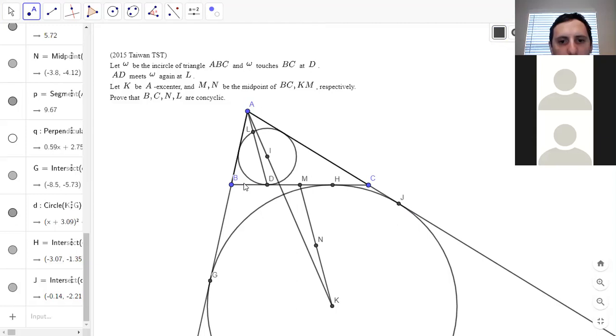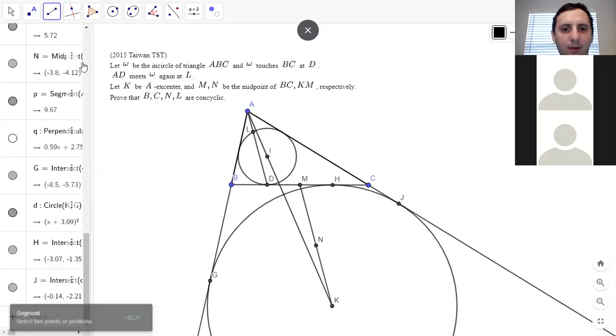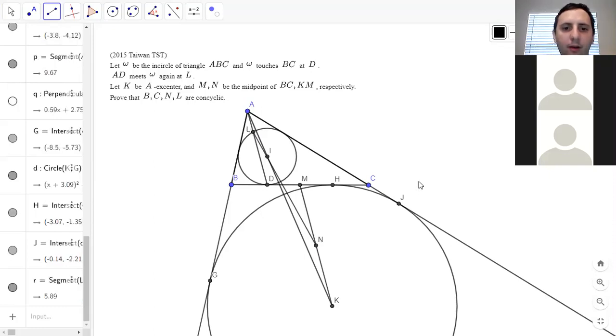Okay, so we want to show B, C, N, and L are cyclic. This problem looks so familiar. Let me see. If it's true that they're parallel, then it might, oh, and L, I, and N look collinear.